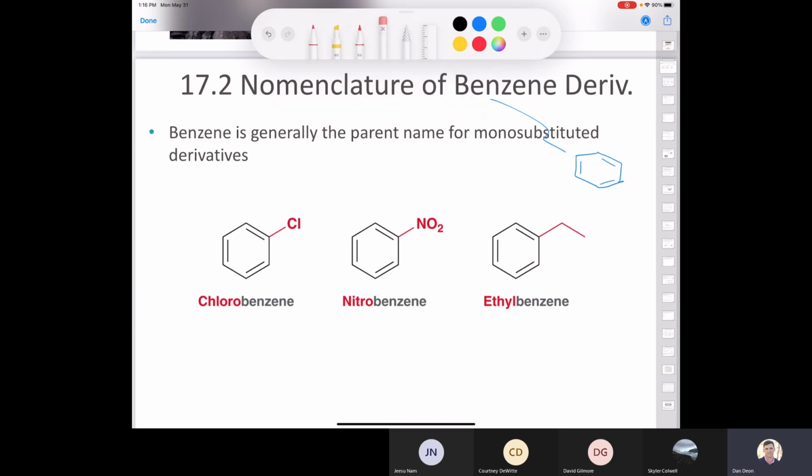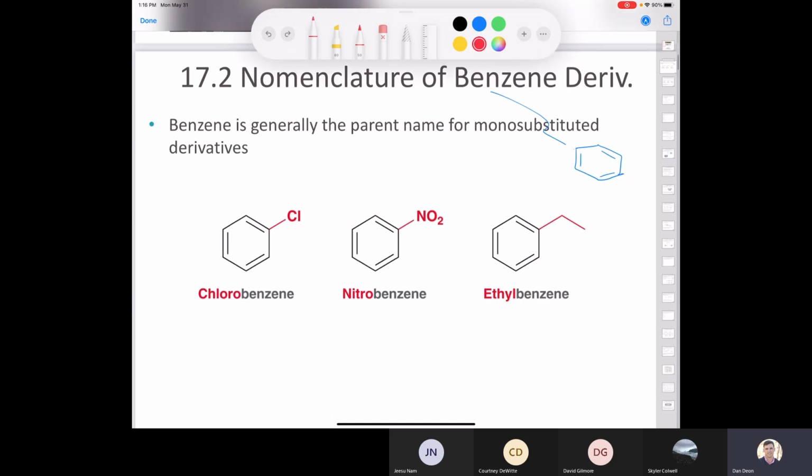If you put a nitro group on a benzene, nitrobenzene. If you have an ethyl group on there, you call that ethylbenzene. So there's all kinds of different molecules. You just list the substituent first, and then you put benzene after it.